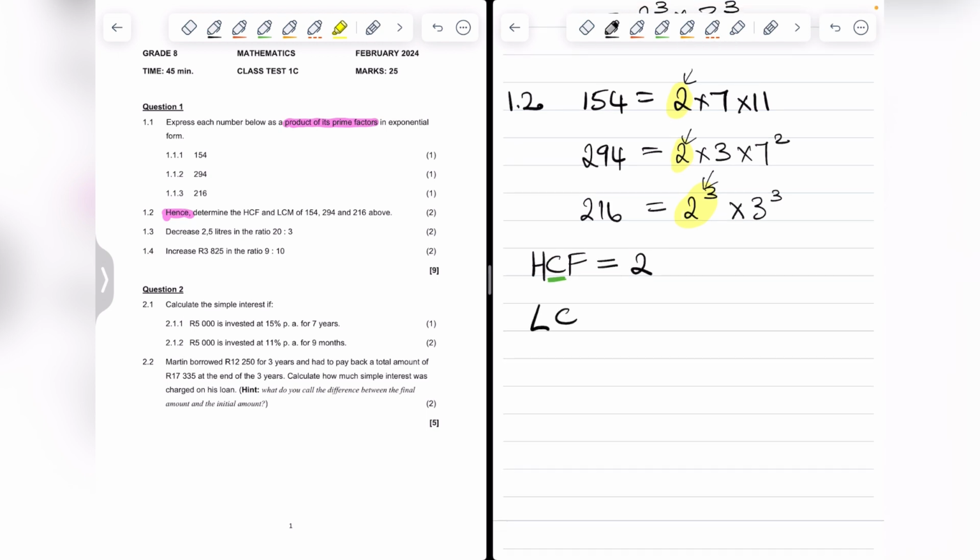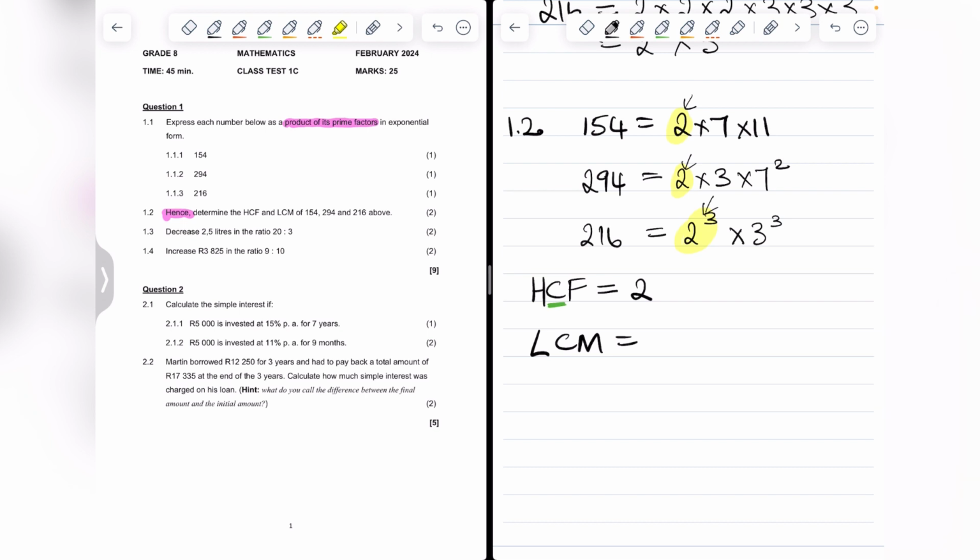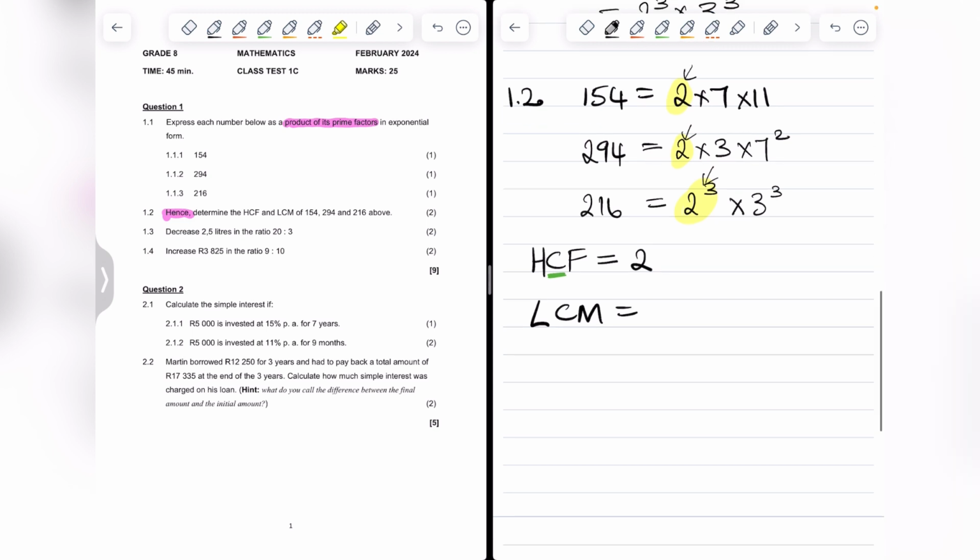So going on to LCM. For the LCM, things work a bit differently. For the LCM, I need to choose, of all the numbers, the different numbers or factors that I see across the three sets of factors, and of course I need to choose the highest of them. So for the 2's, I'm going to choose 2 to the power 3, because that's the biggest amount of 2's that there are.